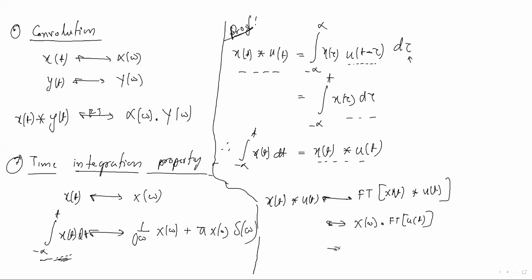What is the Fourier transform of u of t? As I gave in the last classes, the Fourier transform of u of t is 1 by j omega plus pi delta of omega. Just multiply X of omega with it: X of omega by j omega plus pi X of omega delta of omega.